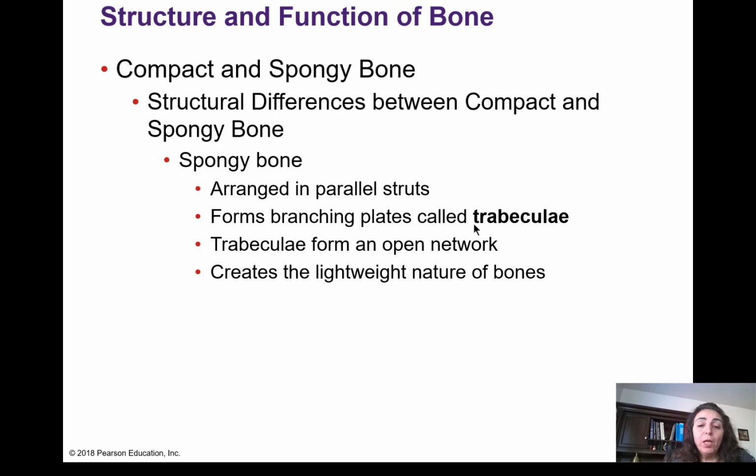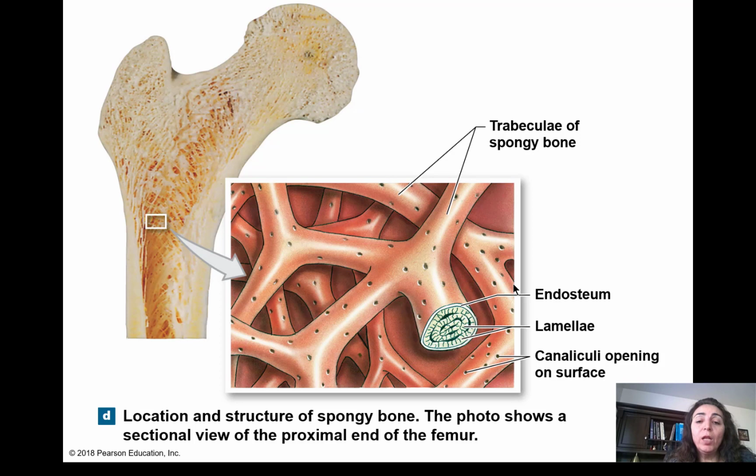We call them trabeculae. Trabeculae form an open network and create the lightweight nature of the bone, because compact bone is the heavy part of the bone. Spongy bone, because of all the spaces between the trabeculae, is what makes the bones light. As you see here, this is one trabecula, another trabecula, another trabecula, as named in this chart. Between the trabeculae you have some empty space, like here and here.